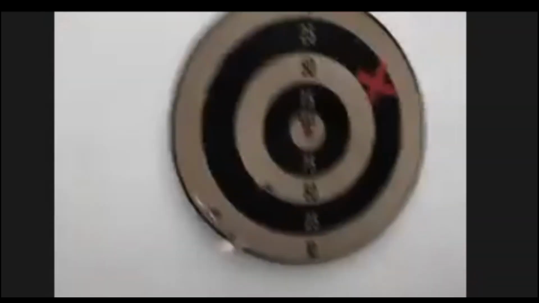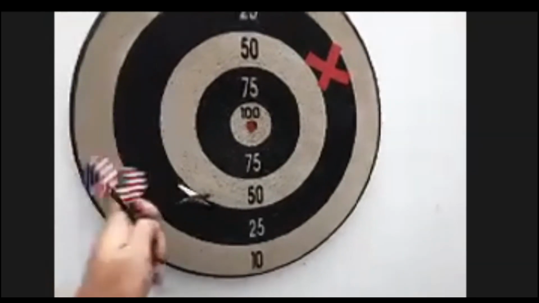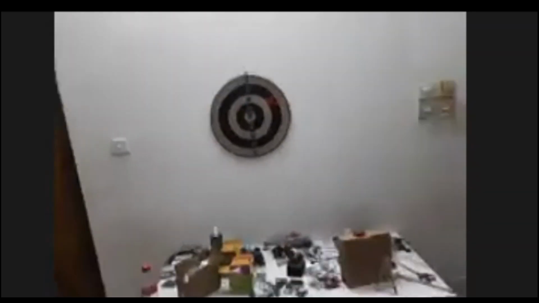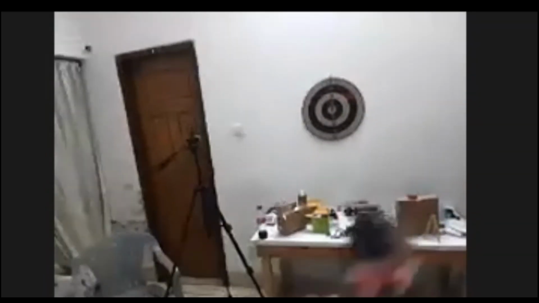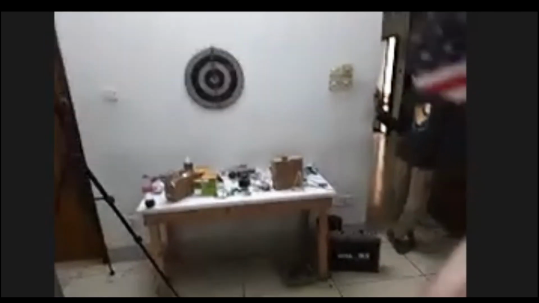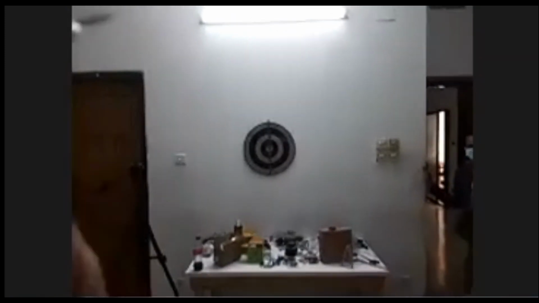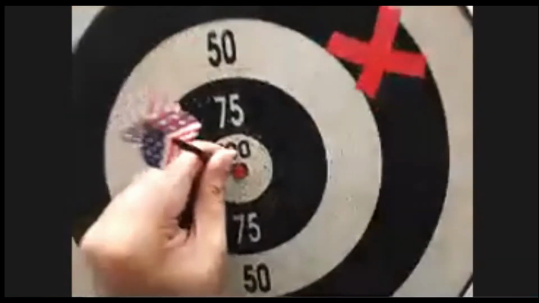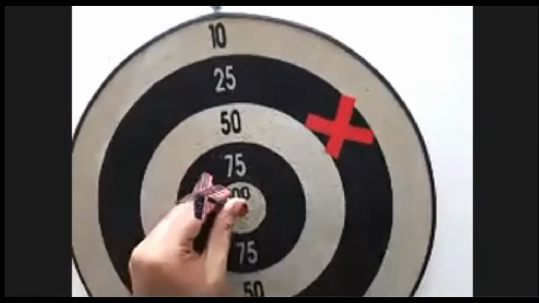Basically, your brain is doing this really interesting calculation. It's actually doing maths when you're playing darts. You're throwing it at an angle upwards so that by the time it actually reaches the dartboard, it's hitting, or you're hoping it's going to hit.